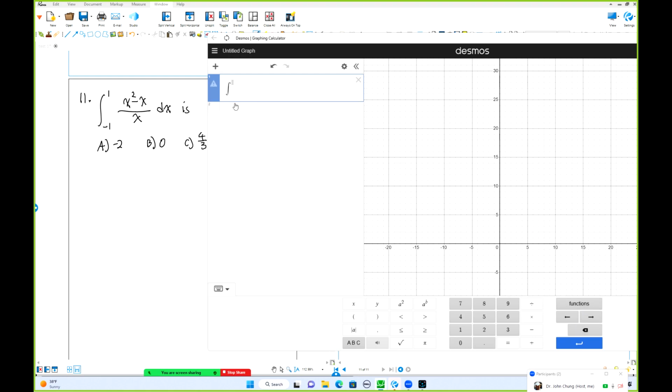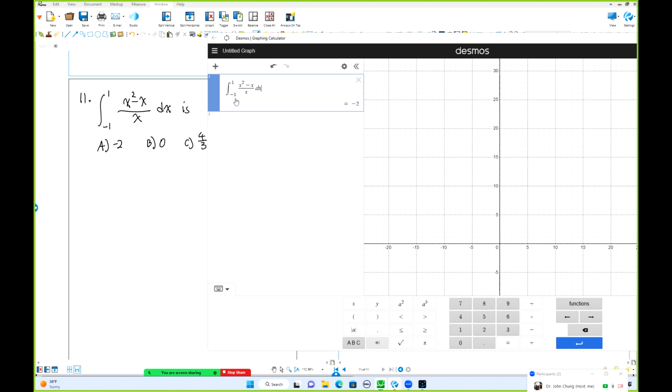Here, negative 1. You can see something very interesting. We take the integral between negative 1 and 1 of x squared minus x over x dx, right?